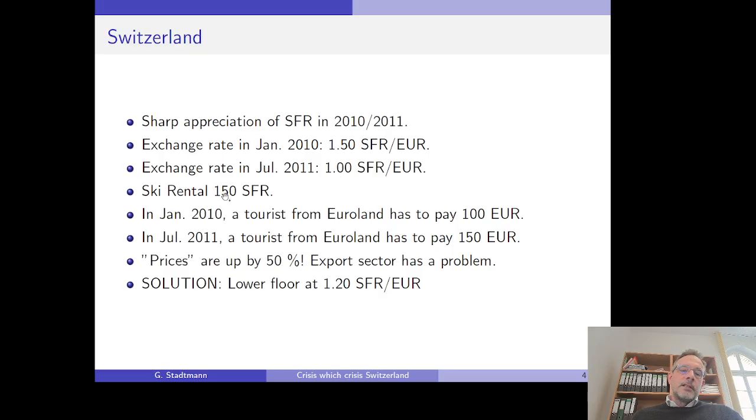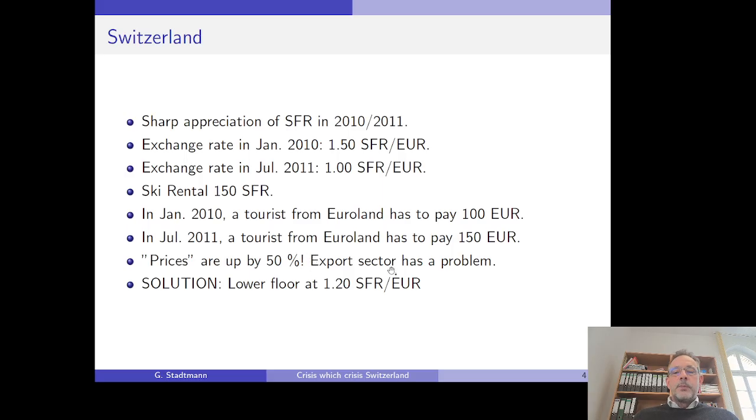If the ski rental in Switzerland cost 150 Swiss franc, in January a tourist from Euroland has to pay €100, but 1.5 years later, the price increased to €150 because of this exchange rate development. So prices within Switzerland are up by 50% from the view of a European tourist.